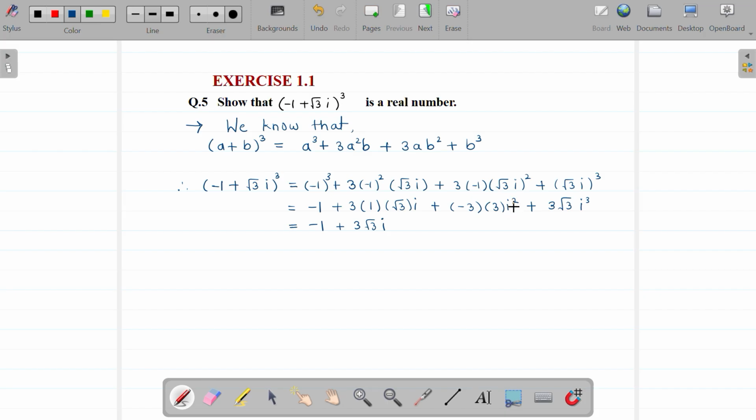Here i² is -1, and minus minus is plus 1.